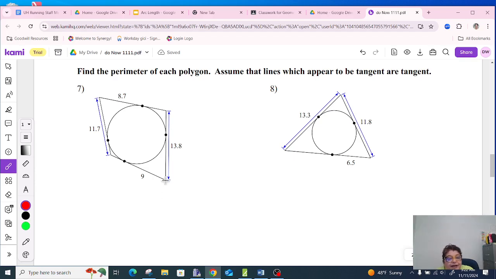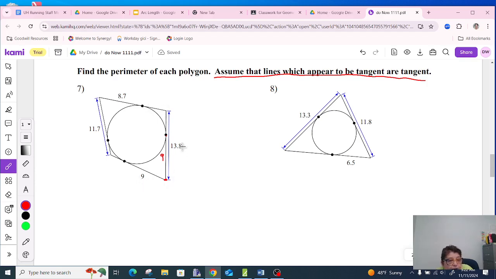I know that it says here, assume lines which appear to be tangent are tangent. So from here to here has to be the same length, right? So if this is 9, this inside from this point to this point is 9. And the reason why that's handy is I need this length over here.